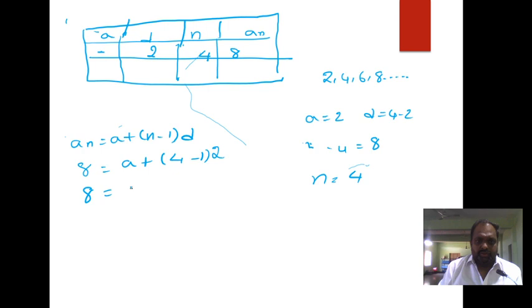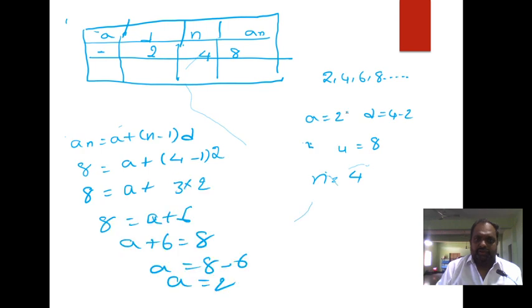So already we know the value of a is 2, so we can fill in a is equal to 2. Okay. Tomorrow we will discuss some more problems.